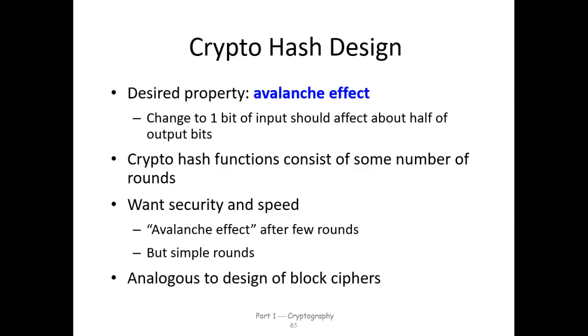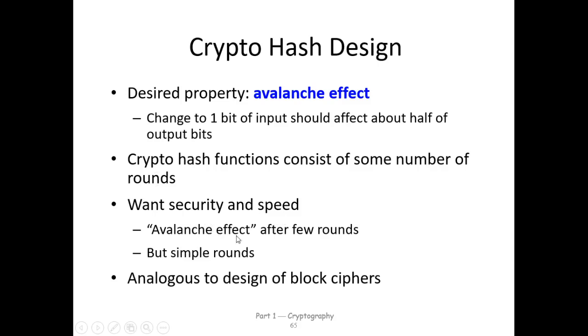So it takes 64 bits as input and produces some number of bits as output by passing the input through many rounds of hashing. That is what we call a hash design. Crypto hash functions consist of some number of rounds for security and speed.